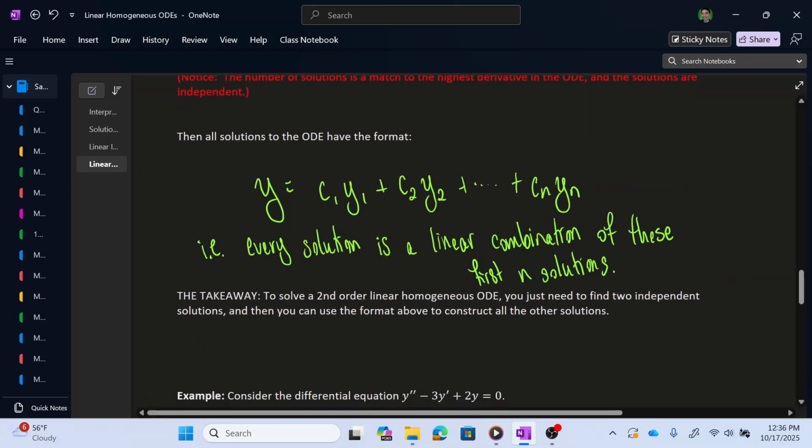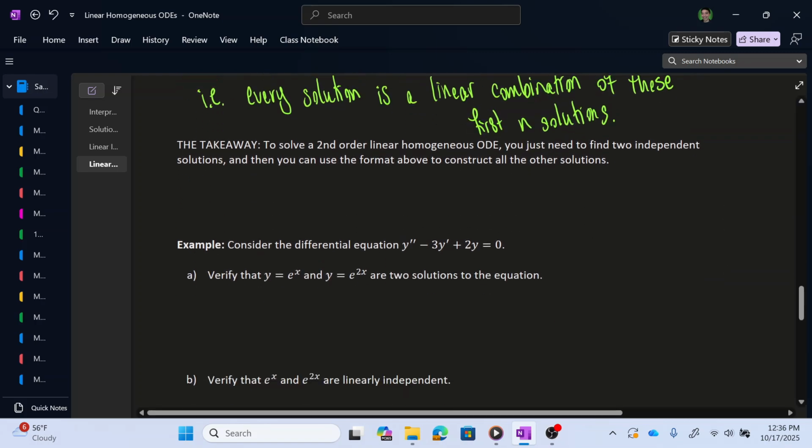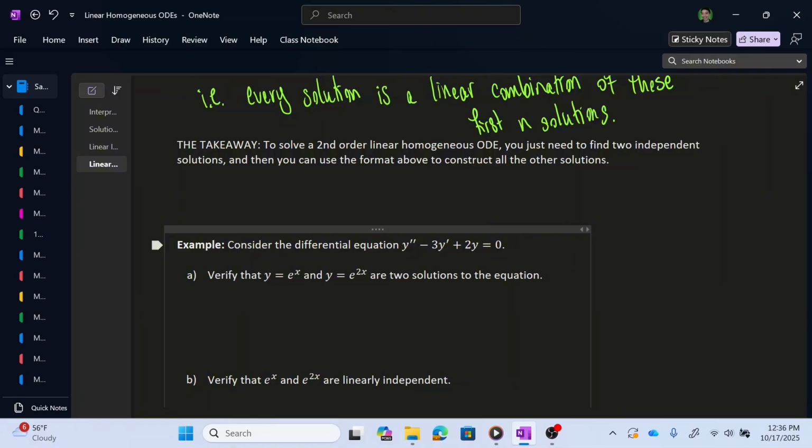So let's think about what this is saying to us. A differential equation in general has infinitely many solutions, infinitely many functions that make the equation true. What we're saying is, if you want to find that infinite collection of solutions to a second order differential equation, you don't have to find infinitely many solutions, you just need to find two solutions.